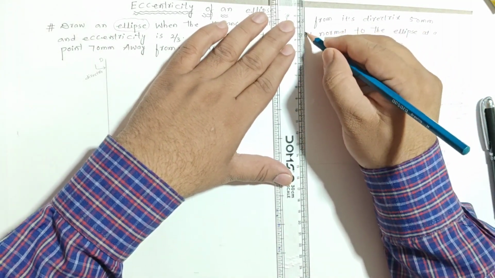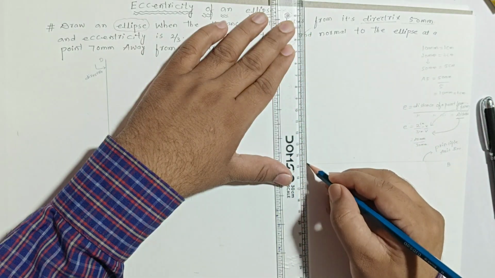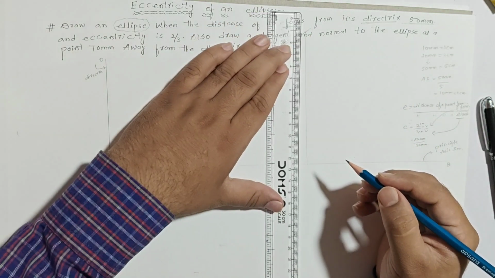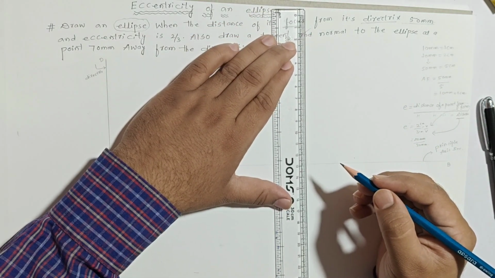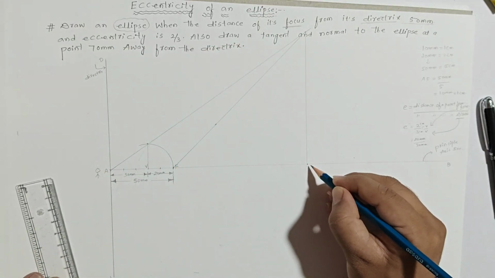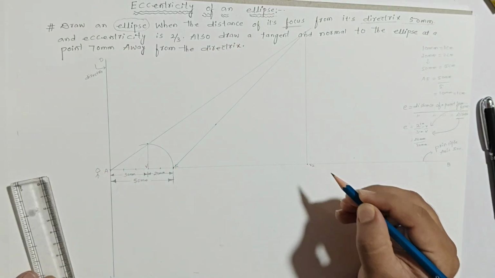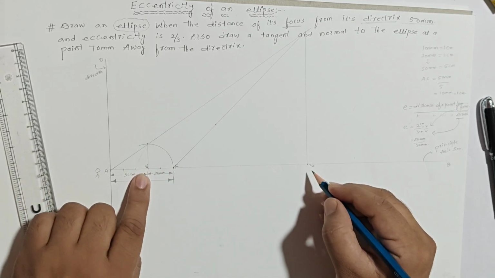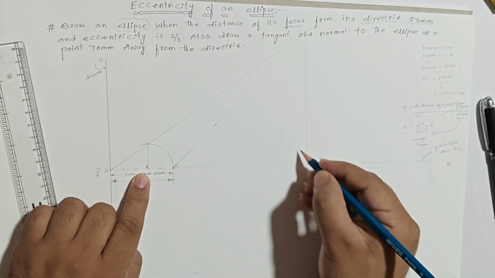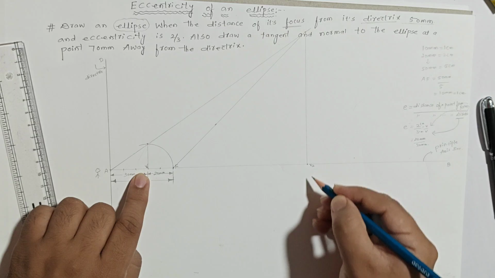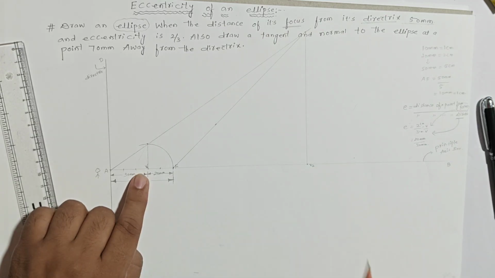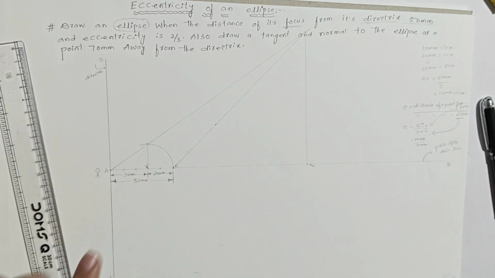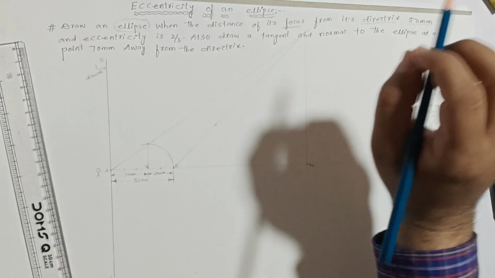This vertical line is known as the vertex V2. So this is the vertex V1 and this is vertex V2. We need to construct the shape of the ellipse in between V1 and V2 only. Clear? Then how to construct?